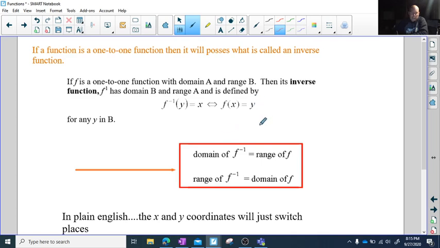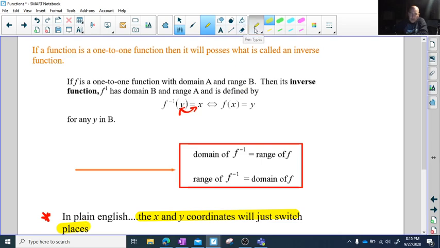So essentially, what it's telling us is when you go from function to inverse or inverse to function, I have it down here, it says in plain simple English: if you remember nothing out of this section on inverses other than this, the x and y coordinates just switch places. That's what happens. Now in order for that to happen, you can only have a single ordered pair that has a particular x and also a particular y. So it has to be a one-to-one function.